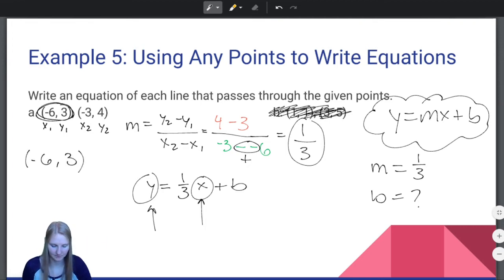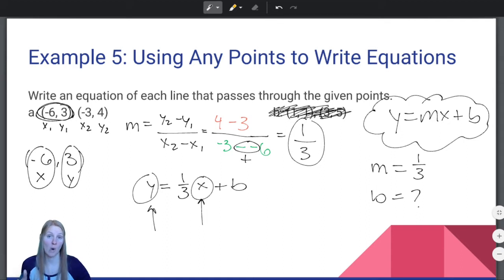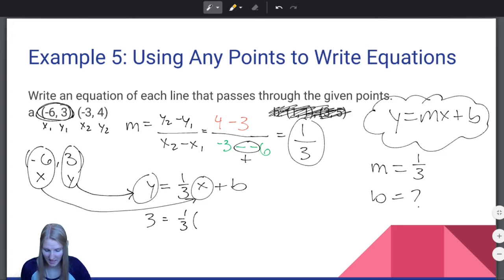-6, 3. Okay, so -6 is the x part, and 3 is the y part. Now what I'm going to do is I'm going to change y to be 3. And I'm going to change x to be negative 6.